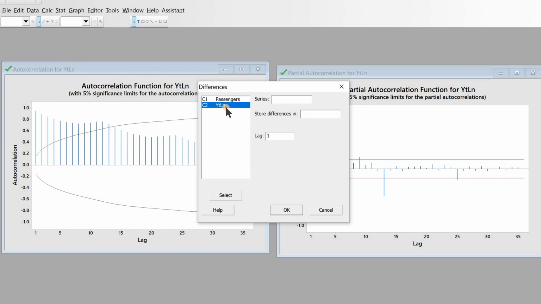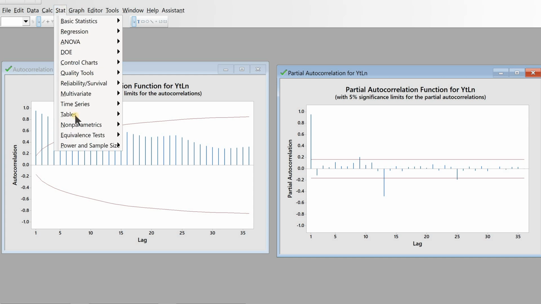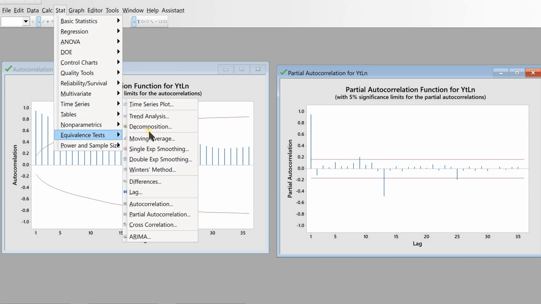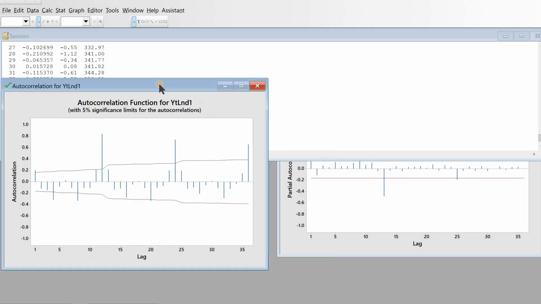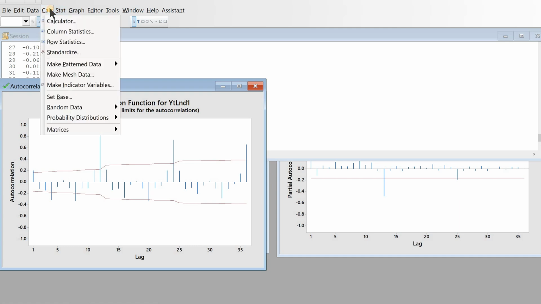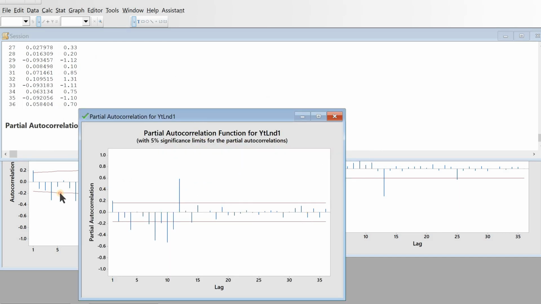We try to difference the data at the non-seasonal lag first, taking the transformed data at lag 1. Then let's check the ACF and PACF of the differenced data.